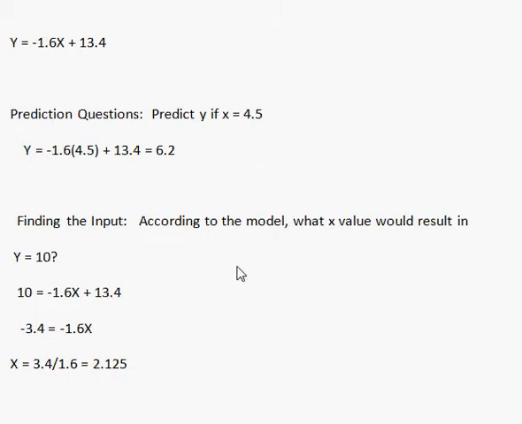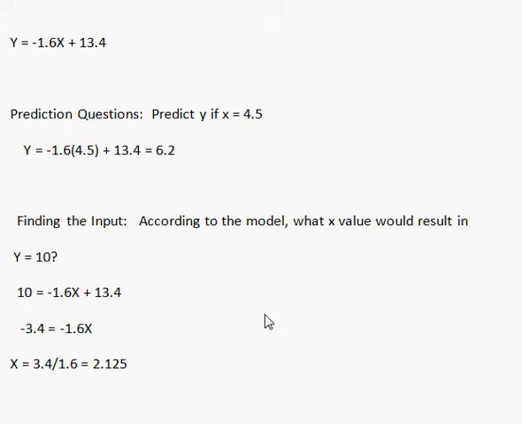So my question here, just as an example: according to the model, what x value would result in y equals 10? There you know that y equals 10, you plug that into the model, but you don't know x, and then you just solve the equation. So I subtracted the 13.4 from both sides and got negative 3.4, and then divided both sides by negative 1.6. I went ahead and canceled the two negatives, but you wind up with positive 2.125.